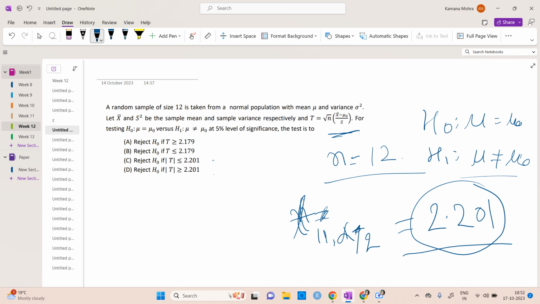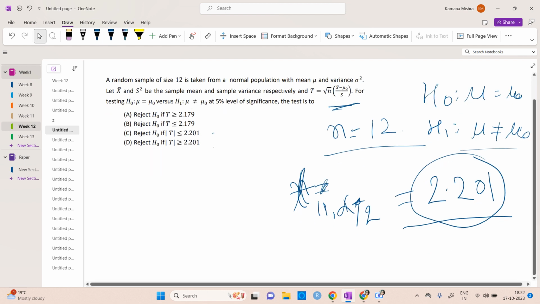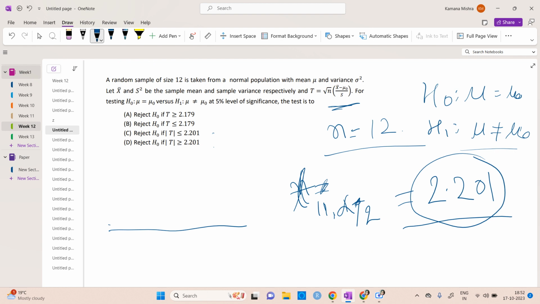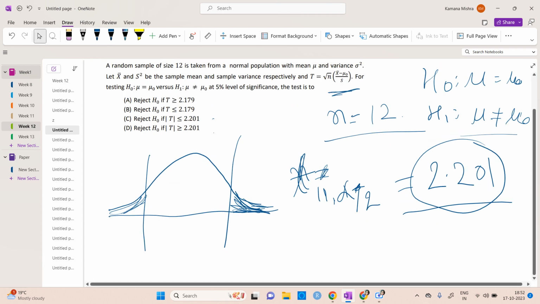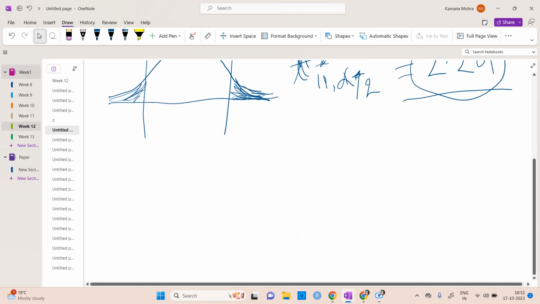Okay, so the basic idea you need to understand is this. If you have this statistic, let's say for two tail, when do we reject? If it comes under this region, right? Because this is Z, but when it comes under this region, what does it mean exactly?